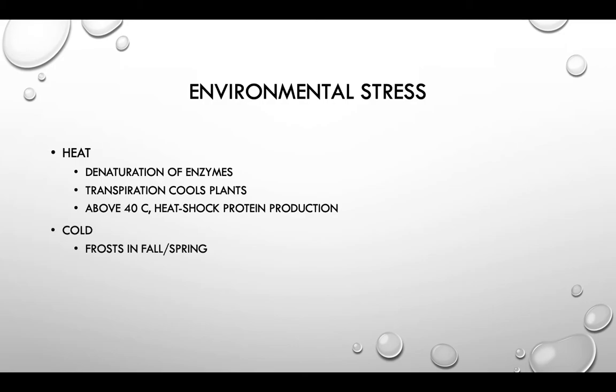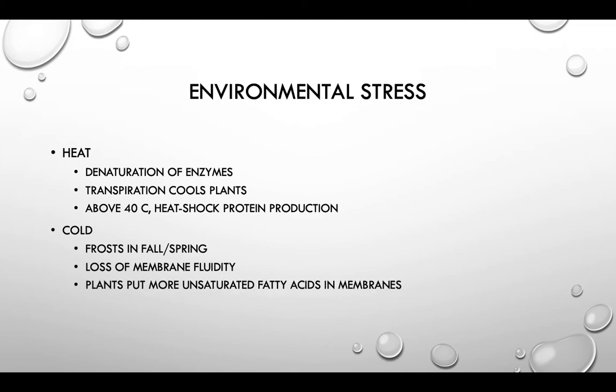When it's cold, in frosts in fall and spring, that can have an adverse impact on plants, especially the leaves and fruits. It could lead to a loss of membrane fluidity. So, a lot of plants will put more unsaturated fatty acids in their membranes.